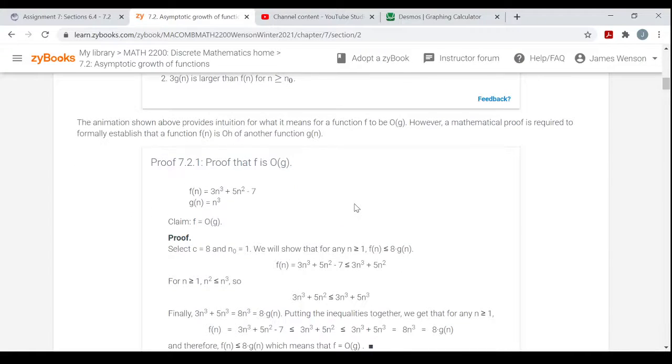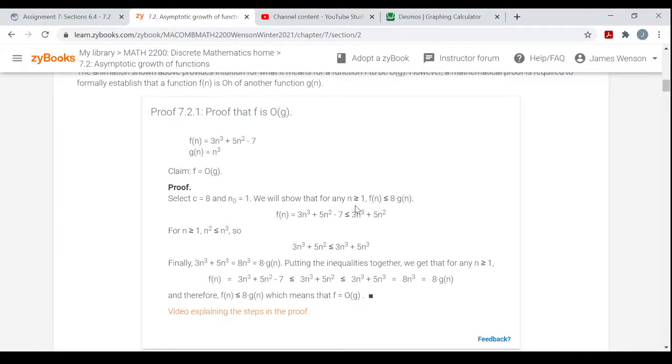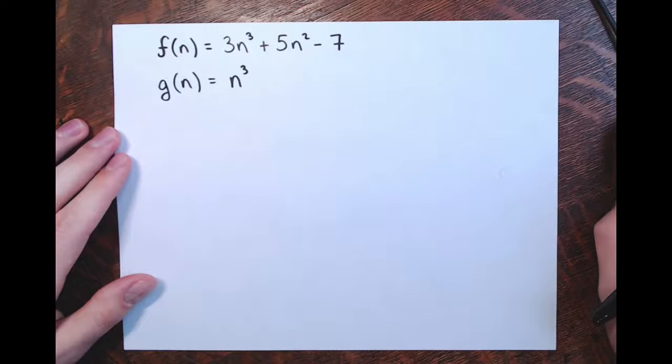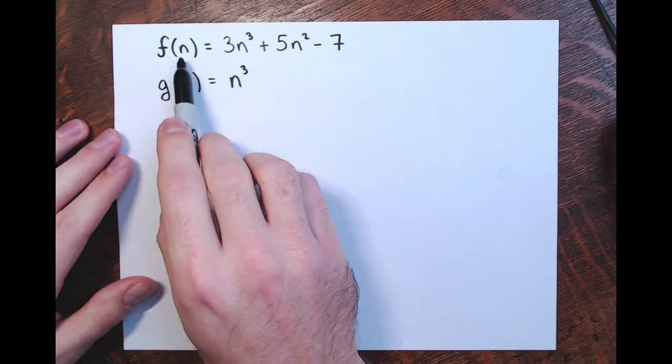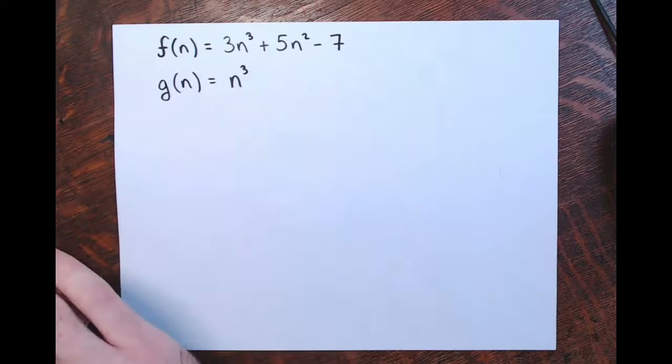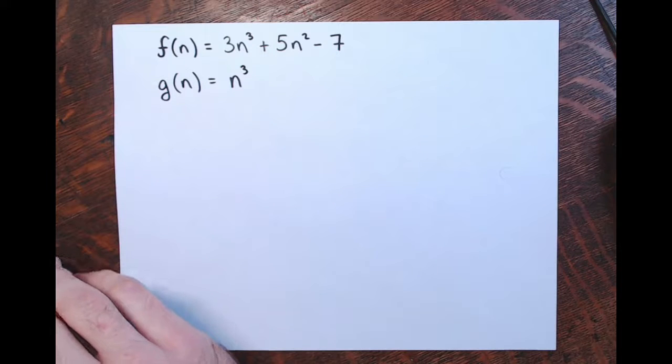All right, so here they give an actual example of a proof. Let me actually write this out for us. Let me prove that this particular function is O of g. So I'm going to go to a piece of paper. So here f of n is 3n cubed plus 5n squared minus 7.